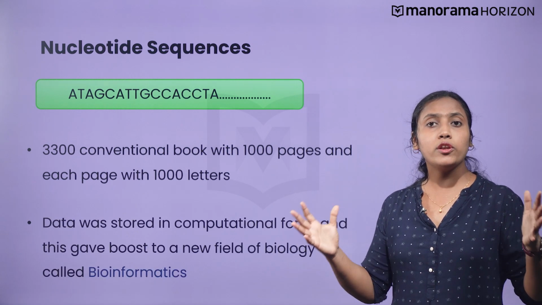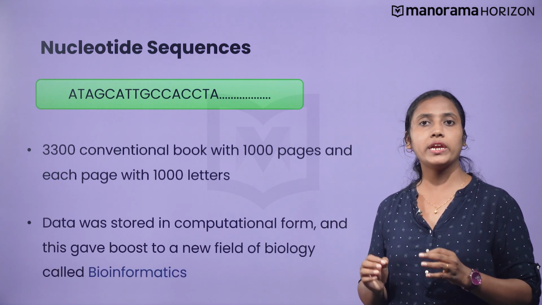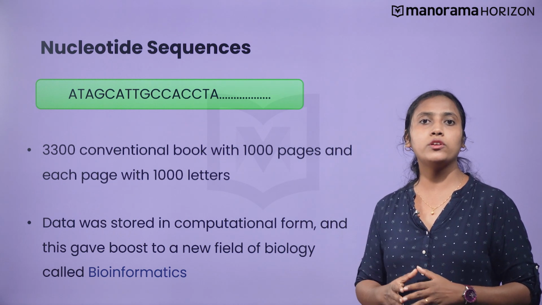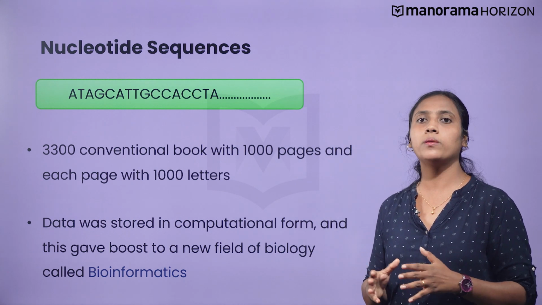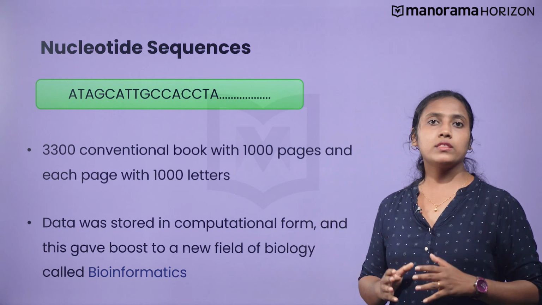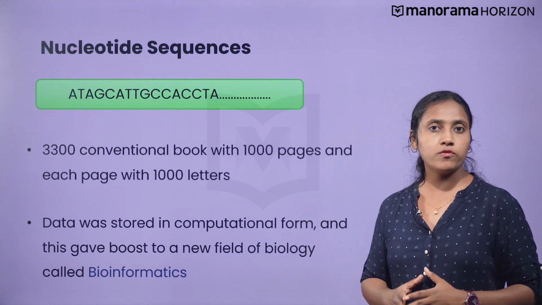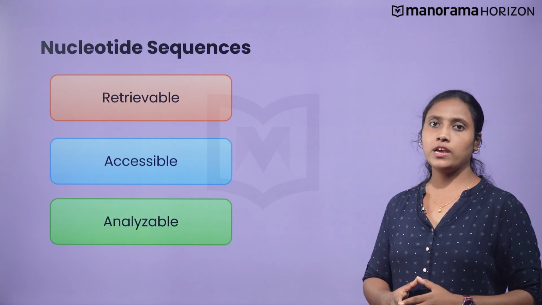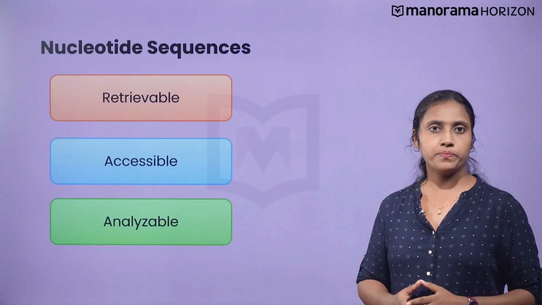Hence, this enormous data was stored in computational form, and this gave a boost to a new field of biology called bioinformatics. The data stored in computational forms were easily retrievable, accessible, and analyzable.